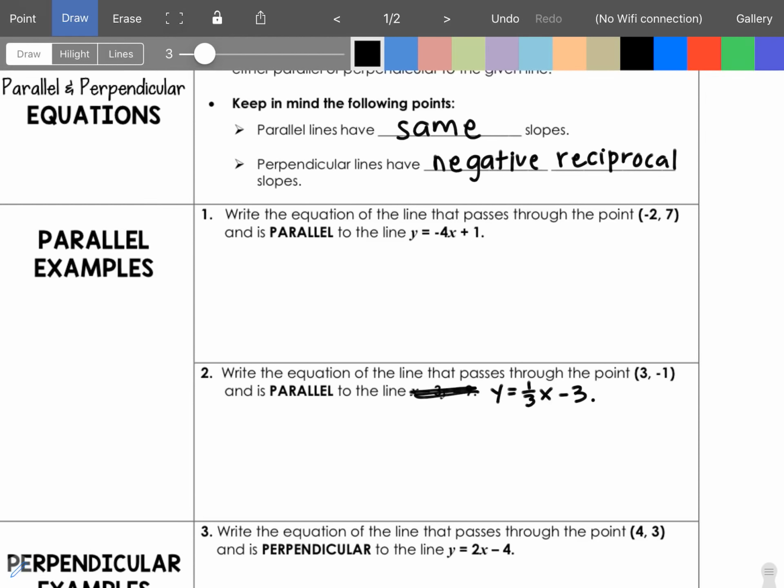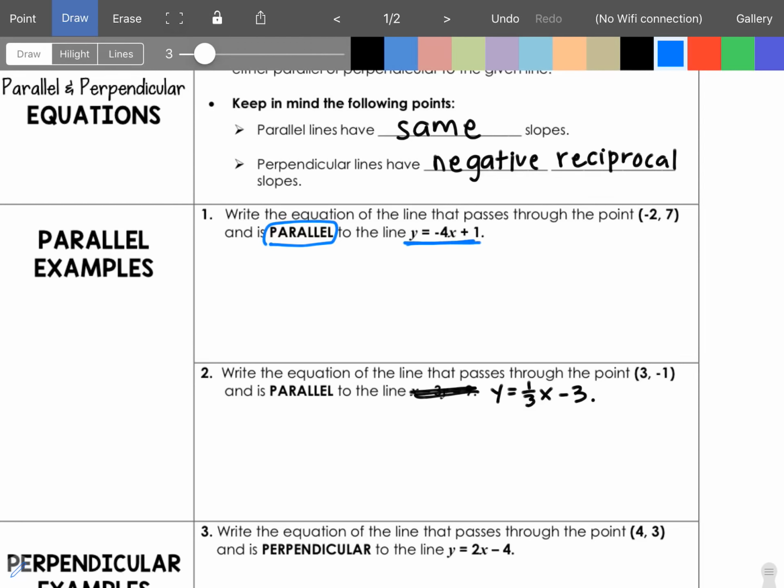It says write the equation of the line that passes through the point -2, 7 and is parallel to the line y equals -4x plus 1. All right, so we're going to write an equation. The first thing we do is it says it's parallel to this line.